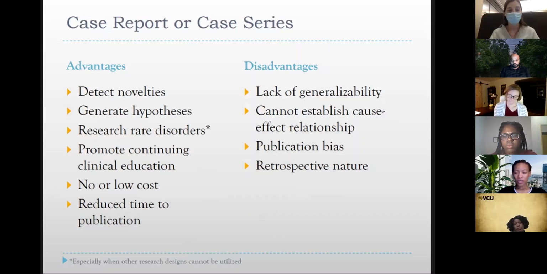Approximately only 5% of case reports and about 10% of case series report treatment failures. So it's really geared toward positive outcome findings. So that's one area of concern. And then lastly, the retrospective nature, of course. So you can't determine, for instance, the risk of having that condition.